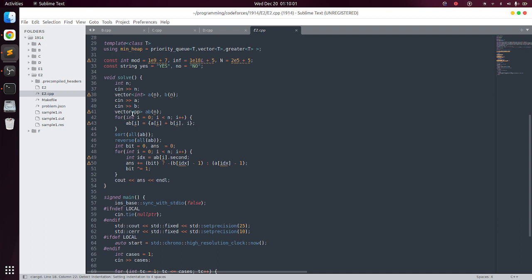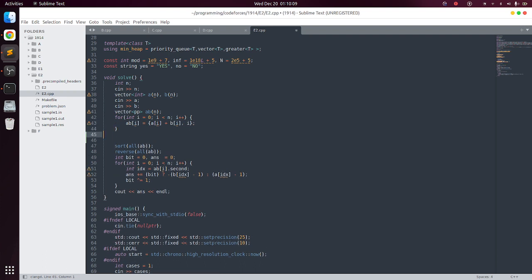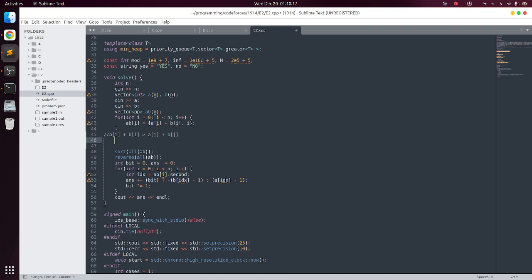You make a vector of pairs, AB, where AB of i is A of i plus B of i. If A of i plus B of i is greater than A of j plus B of j, then i should be chosen before j.